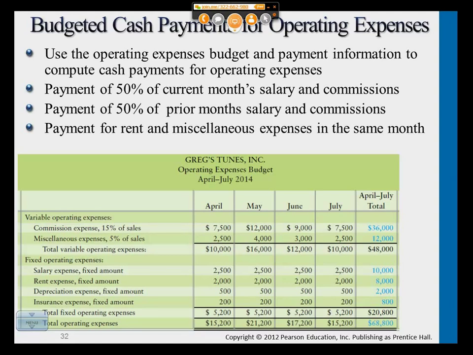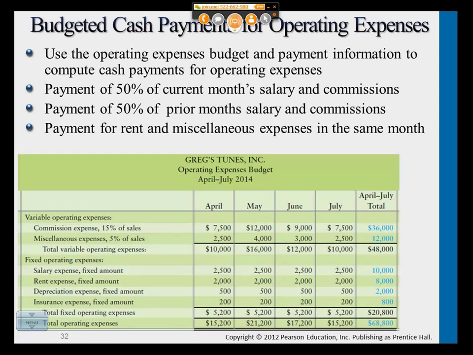Okay, so let's look really quick. What do we have here? We're going to use our operating expense budget. Let me show you what numbers we are going to use from where. The second part that we're going to use is our cash payments for operating expenses.